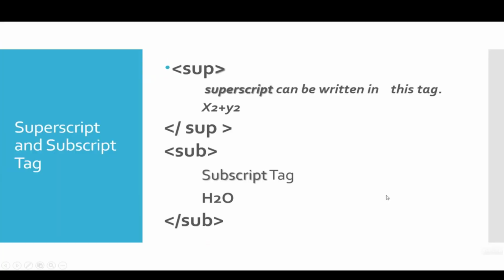The next tags we have are the superscript and subscript tags. Superscript can be used if you want to write x square or y square, or subscript if you want to write formulas like H2O or H2SO4 or something else. Let's see how it works.